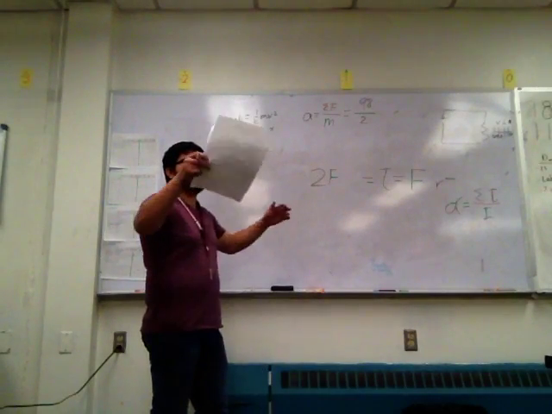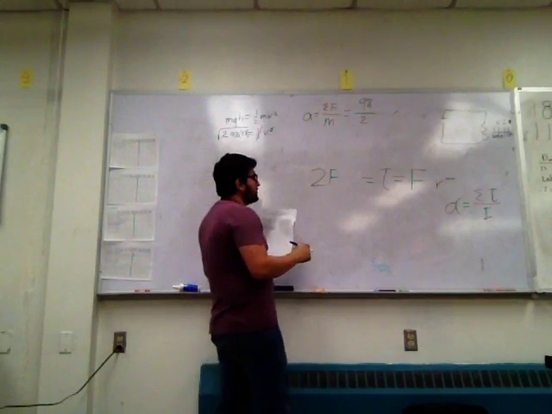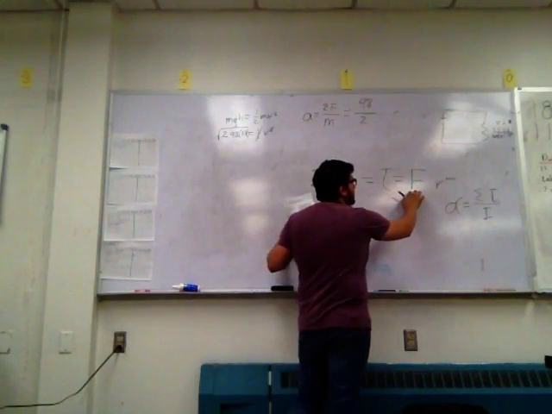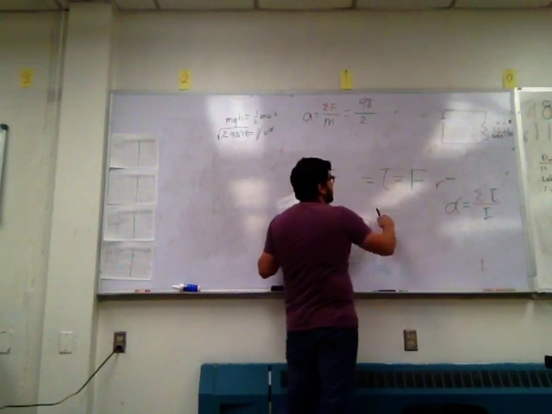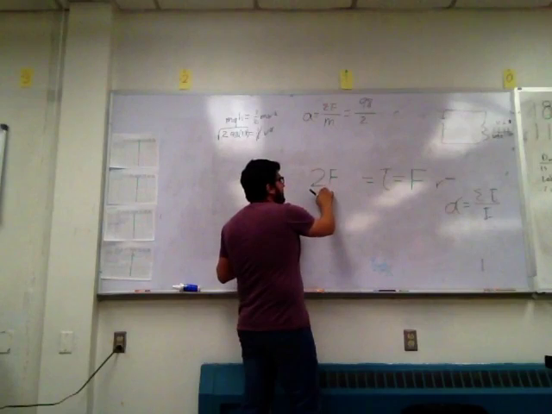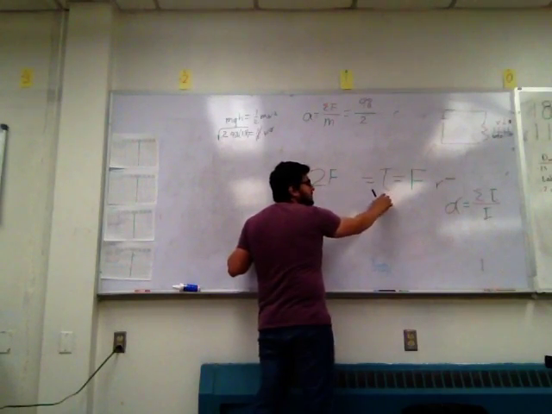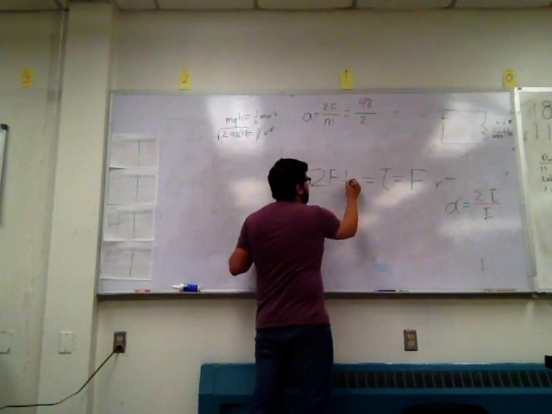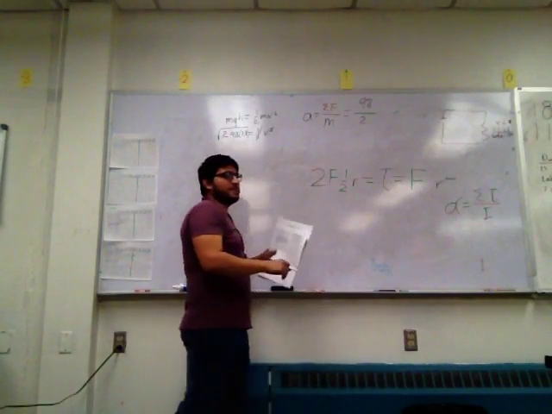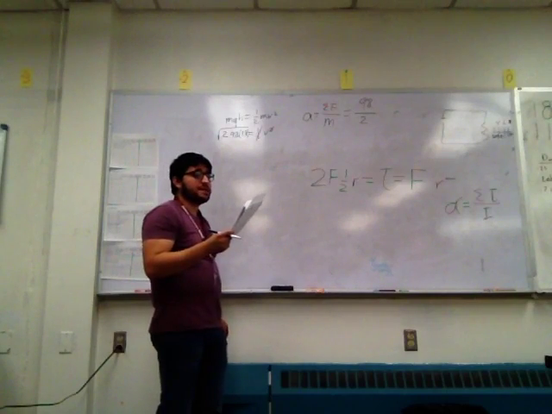Let's regroup our thoughts because we're all very excited. So here we have F times R equals torque. So 2F times something has to equal the torque also. So it's going to be half R right there. So the answer is going to be B.